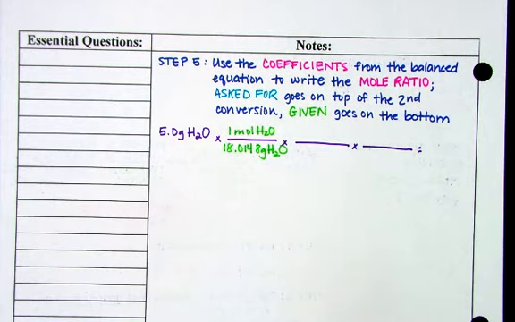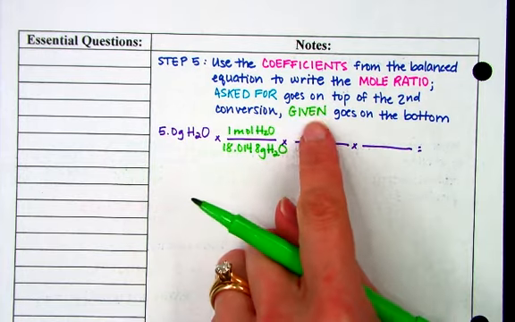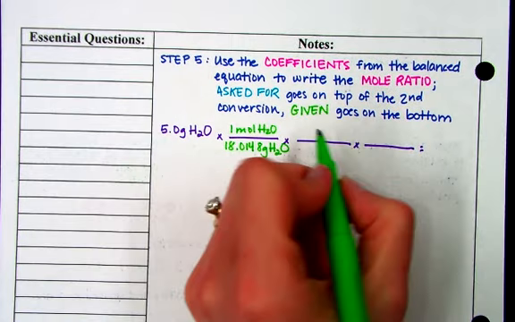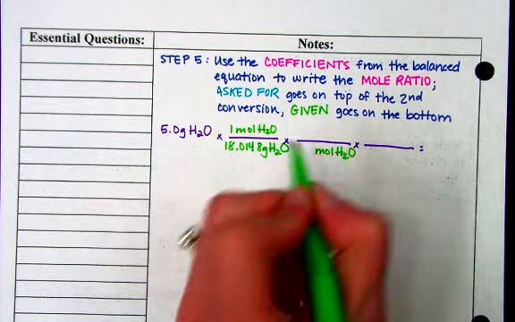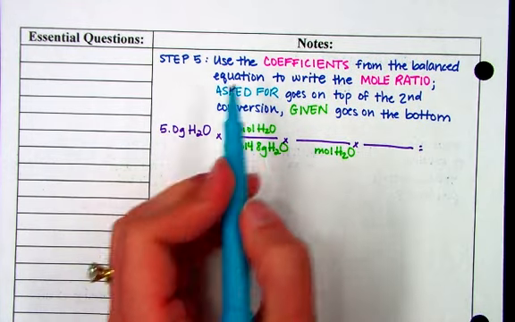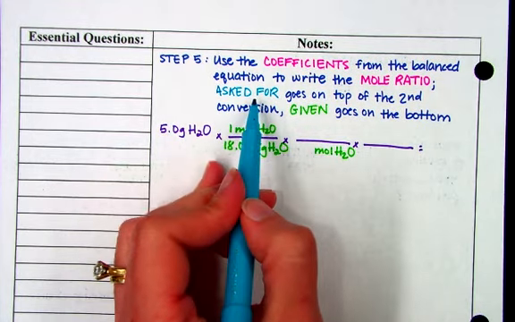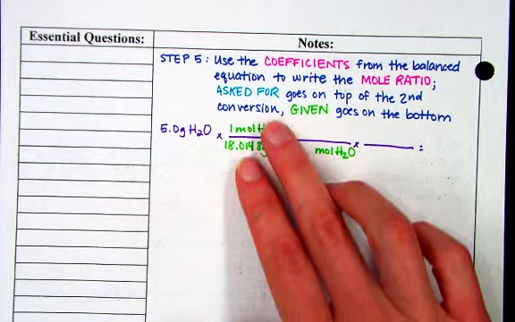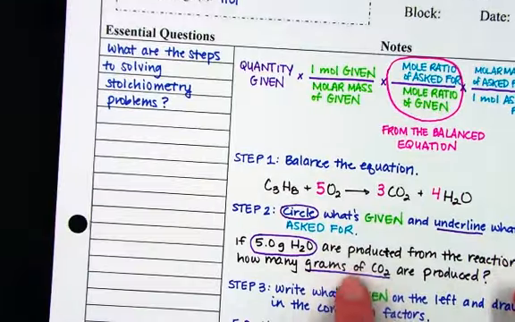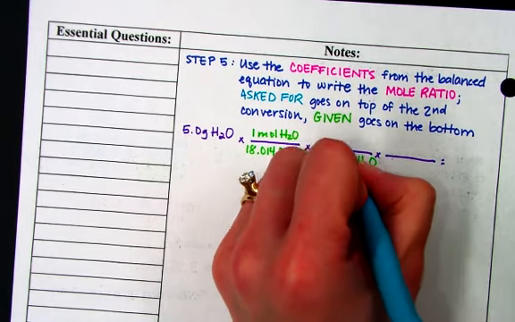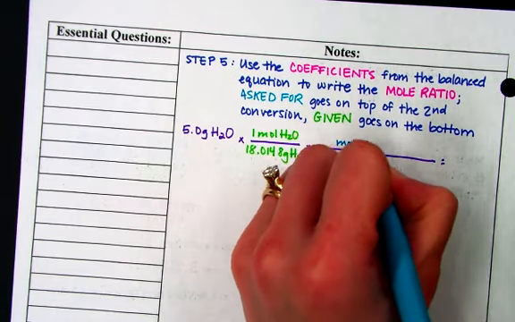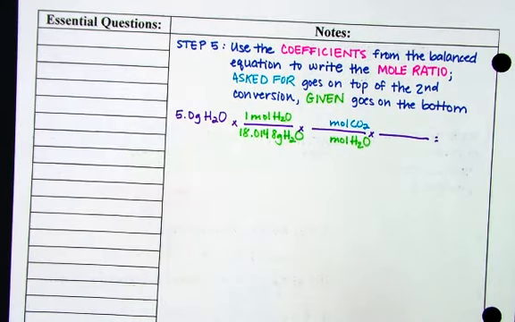The given goes on the bottom, so this will be moles of H2O. What's on top is what's asked for. Remember, what's asked for is the chemical CO2, carbon dioxide. So I'm going to write moles of carbon dioxide on the top.